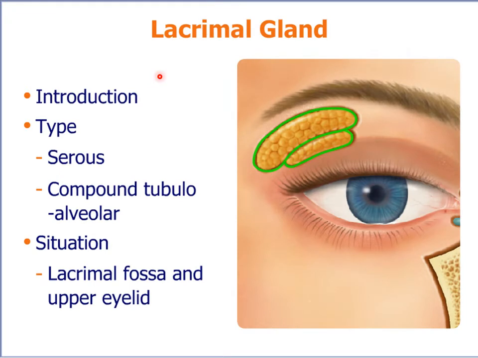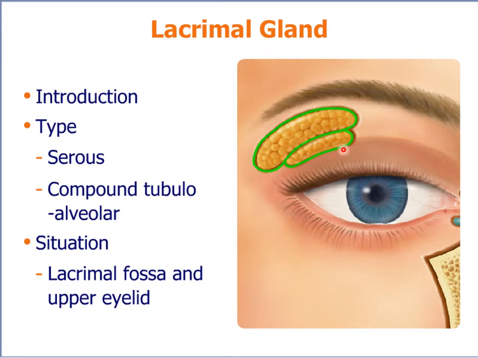Let us discuss each component in detail. The first component of the lacrimal apparatus is the lacrimal gland. It is a soft, yellowish, lobulated gland. It is a serous tubulo-alveolar type of gland.